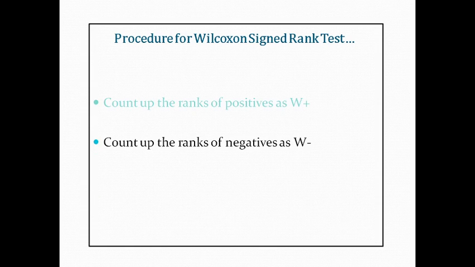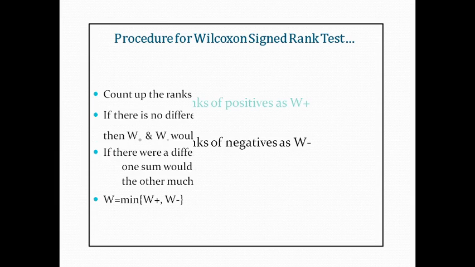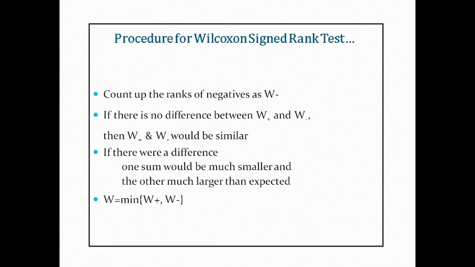Further, count the ranks of negative differences as W minus and the ranks of positive differences as W plus. These are the procedure steps. If there is no difference between the two groups, then W plus and W minus will be similar.